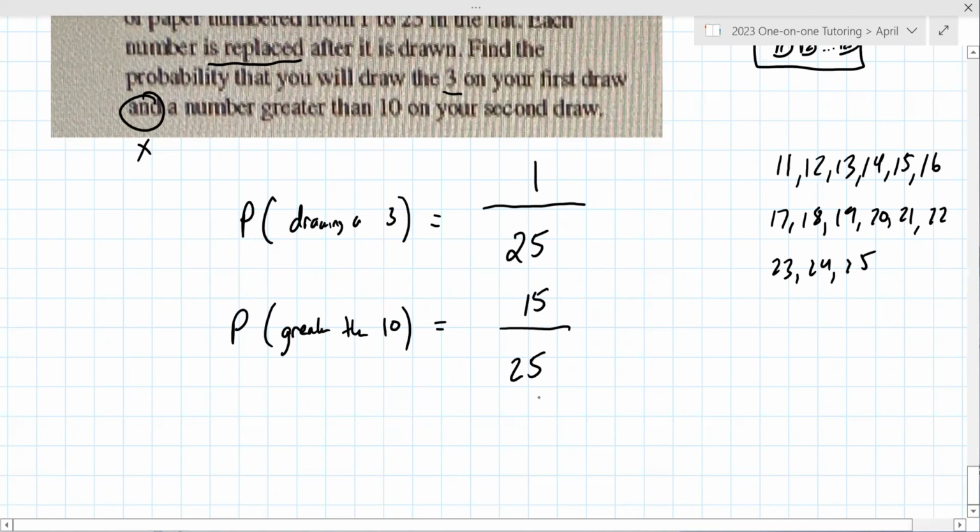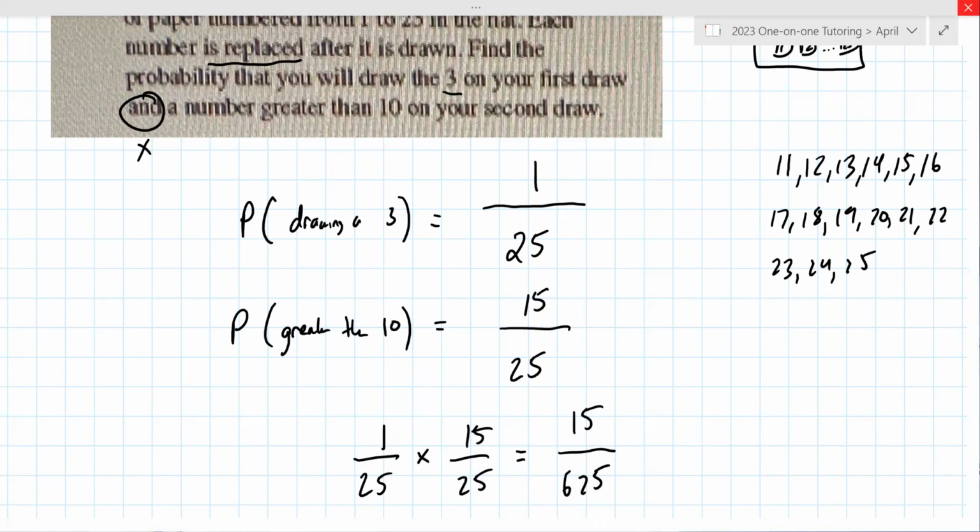So now because it's an and, you take the first probability and you multiply it by the second probability. So this is 15 over 625. It does reduce. You probably at least ought to give it the reduced form. You're back to kind of being able to use your calculator now. Like they don't frown upon that as much. Right. Whereas, you know, when you can just graph the problems, it's maybe.